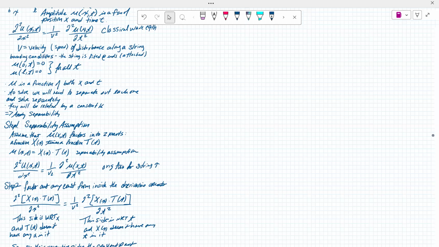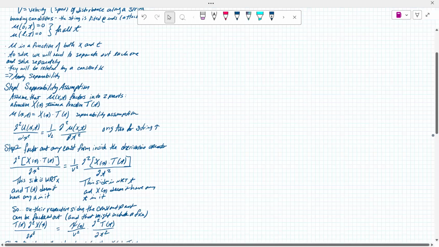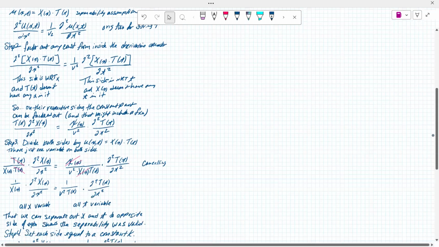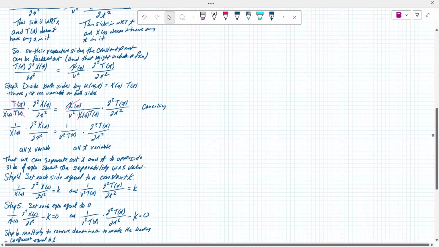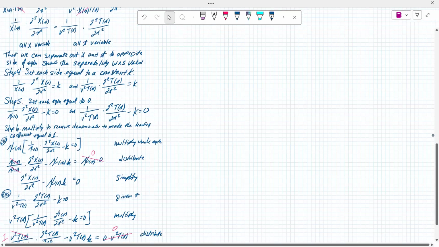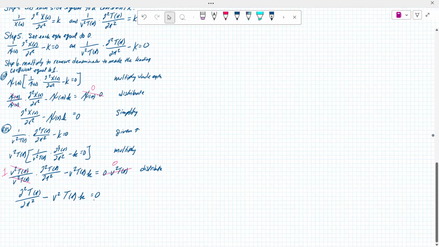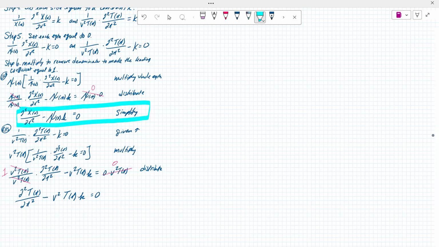I've applied the separability assumption. And because we were able to separate it out, we were able to demonstrate that in fact it was separable. And when we separated that out, we actually got two equations. Let's find them up here. We have the solution from the left-hand side, which is this one right here, this simplified version. We have this equation for the x's, and we have this equation down here for the t's.